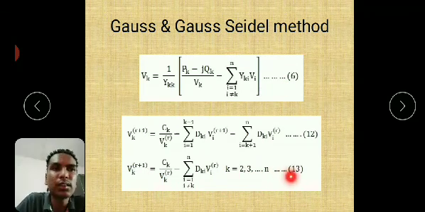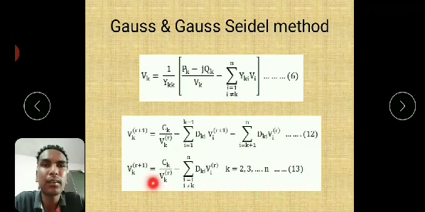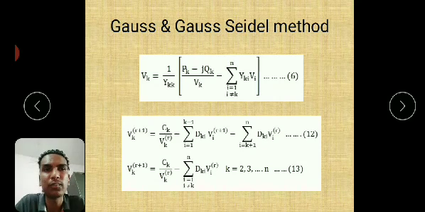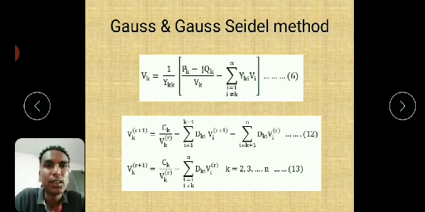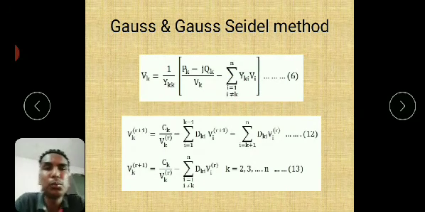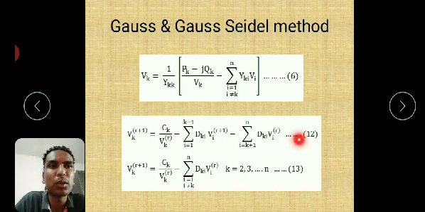And this method is used to solve the non-algebraic equations from the load flow equations. So if we solve this equation, this is nothing but the Gauss method. To understand the Gauss-Seidel method, this is the equation of the Gauss-Seidel method.